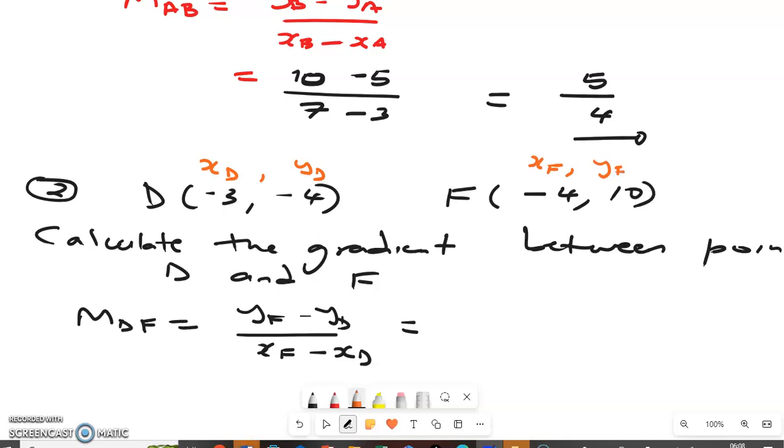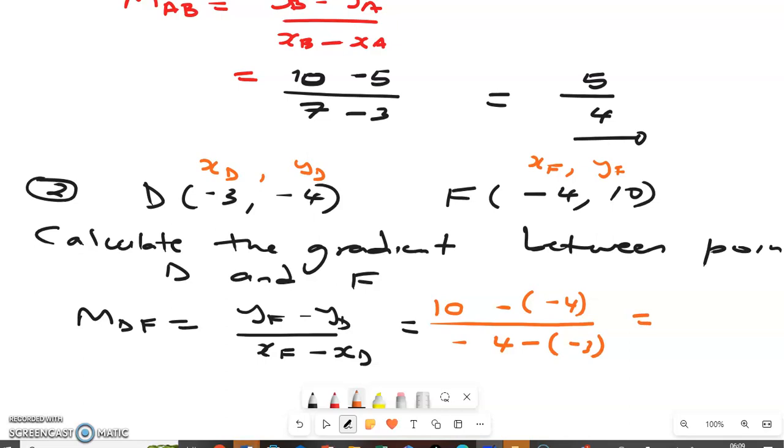So y at F is 10, minus y at D, which is negative 4, over x at F, which is negative 4, minus x at D, which is negative 3.